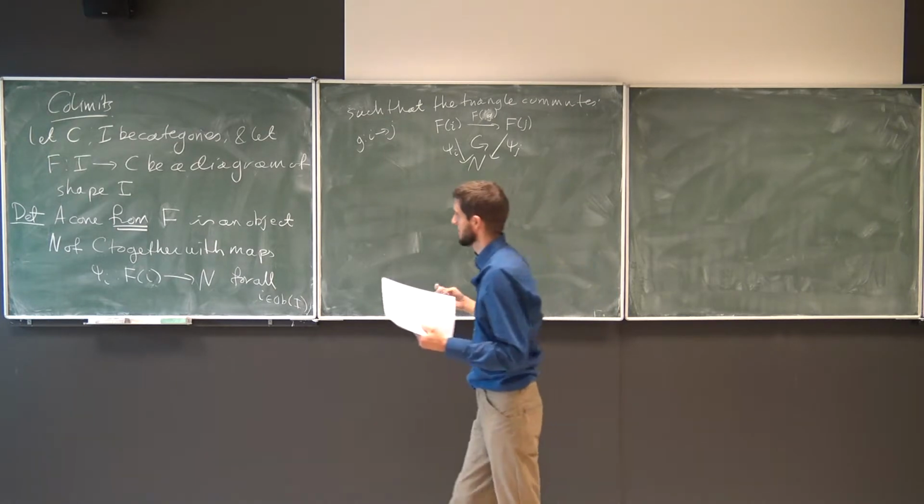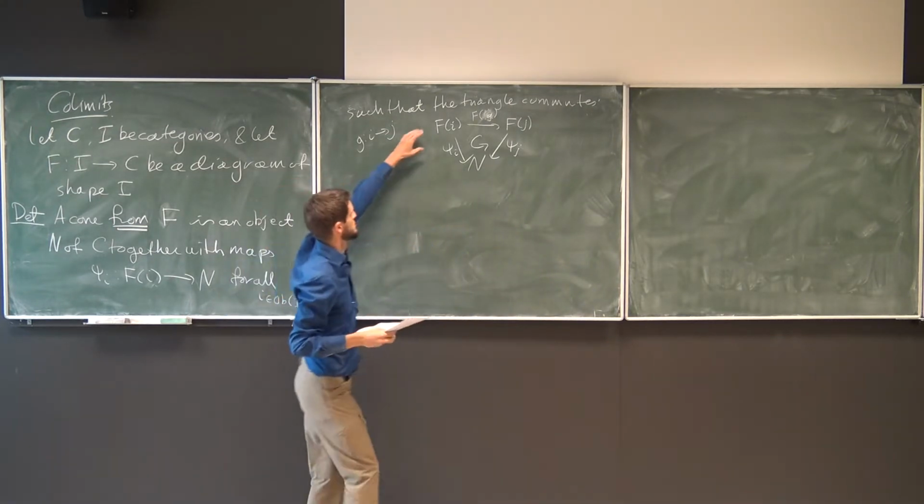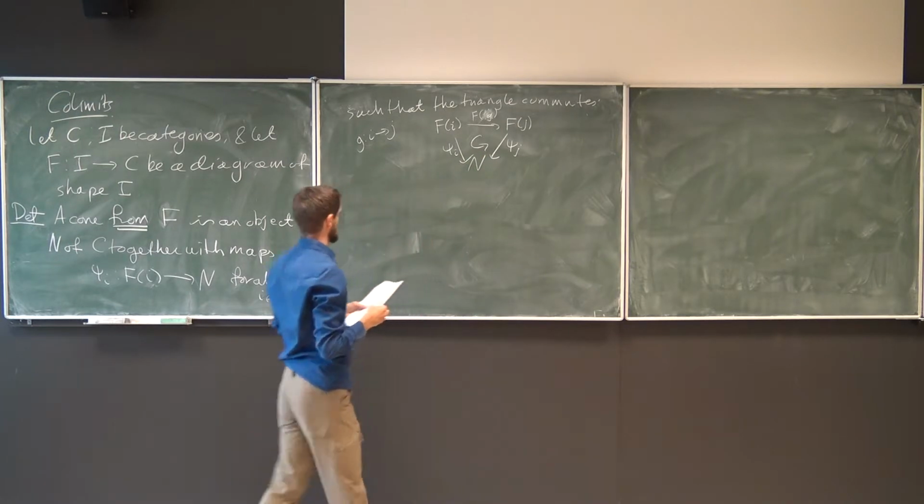So it's exactly the same definition as before, except that the arrows are now pointing from the F(i) to the N instead of the other way around.